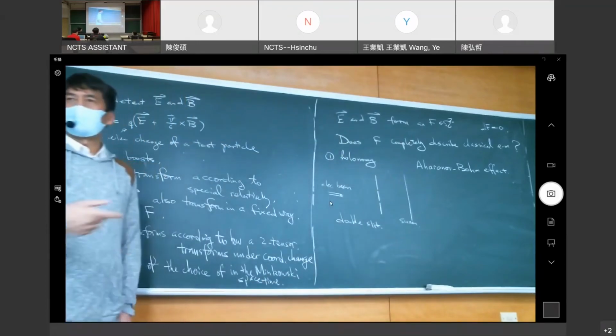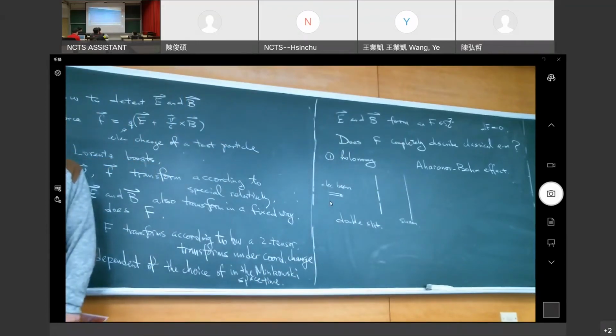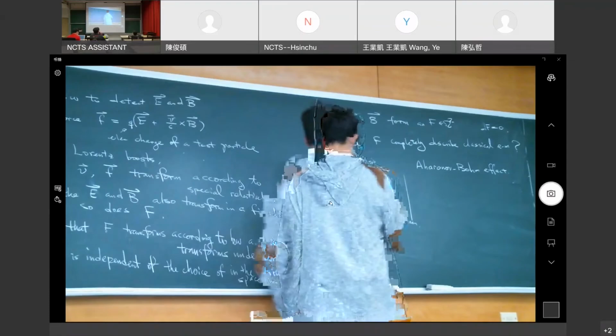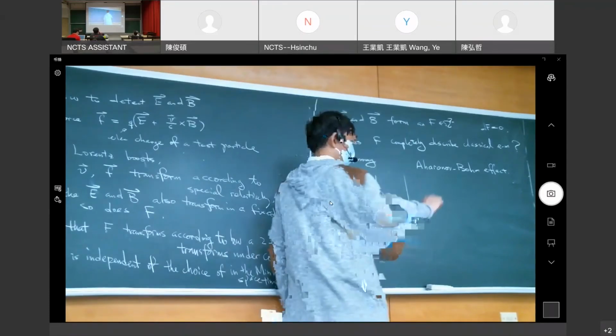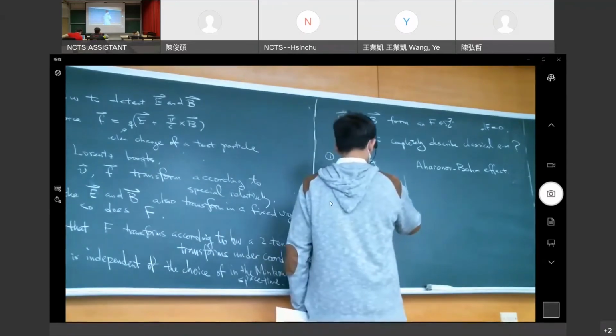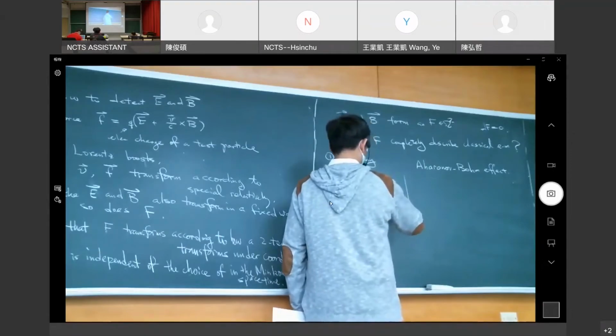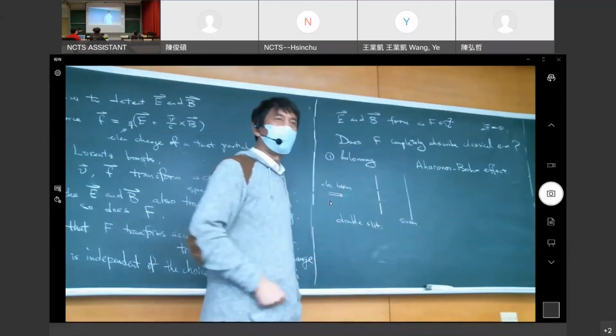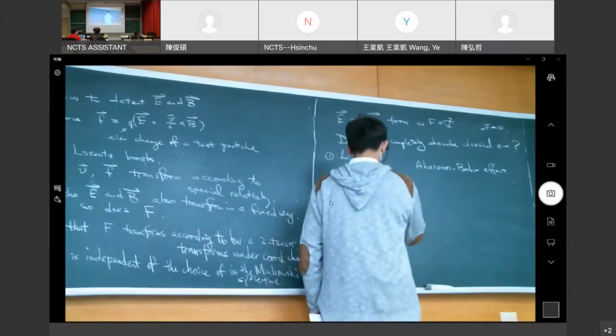In popular science accounts of quantum mechanics, you'll see this kind of experiment. Even if you emit the electrons one by one, they will go through these holes.